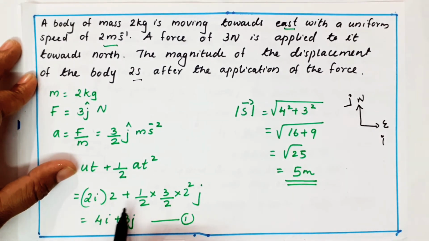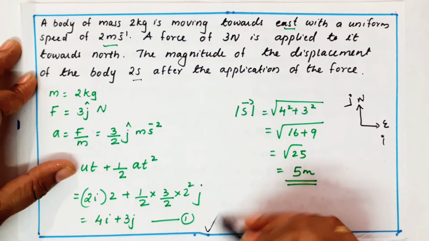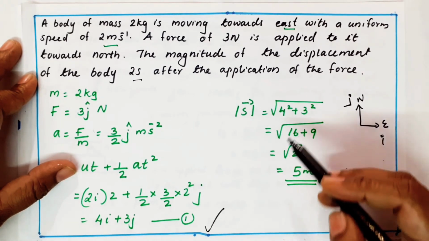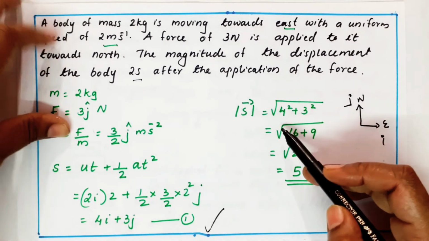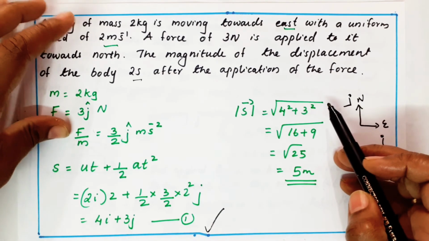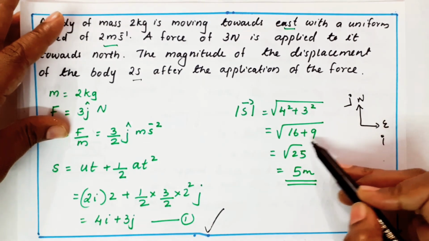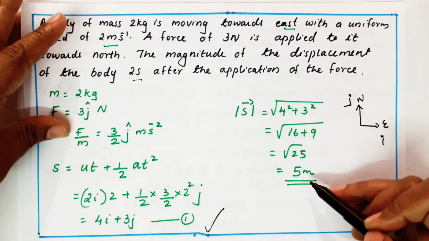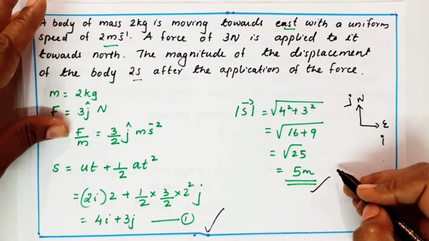So 2 into 2 plus half into 3 by 2 into t square. That gives 4i plus 3j, that is your displacement. Then the magnitude s is equal to root over 4 square plus 3 square, that is root over 16 plus 9, root over 25, which is equal to 5 meter.